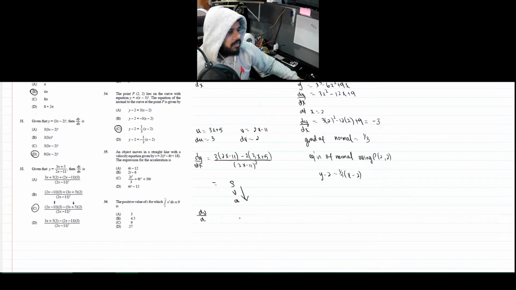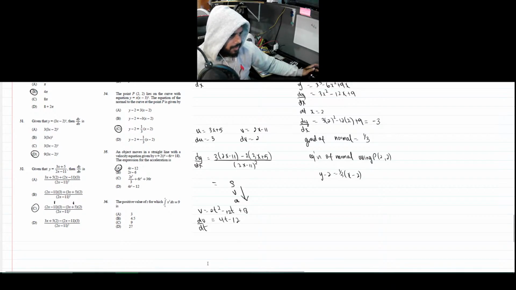So dv/dt is equal to, first I'm going to write out what v is. v is equal to 2t squared minus 6t plus 18, and dv/dt is 4t minus 6.